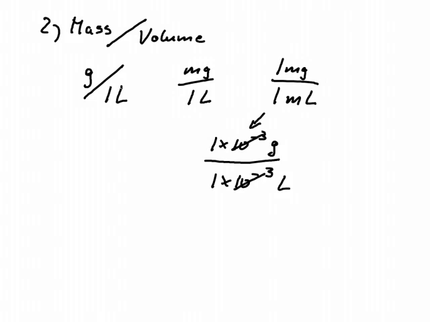So 1 milligram per milliliter would be equivalent to 1 gram per liter. So that's when we use the mass in a given volume. And again, that is a perfectly valid concentration.